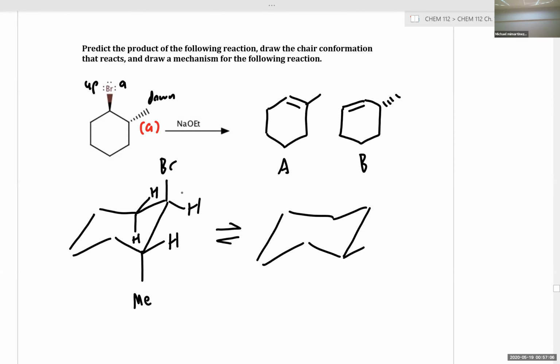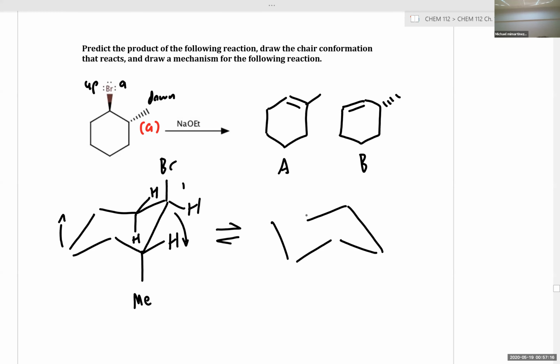Make sure that carbon 1 goes down, carbon 4 goes up. Carbon 1, the bromine is up, so now instead of being axial up, it's equatorial up. We'll draw both of our hydrogens.